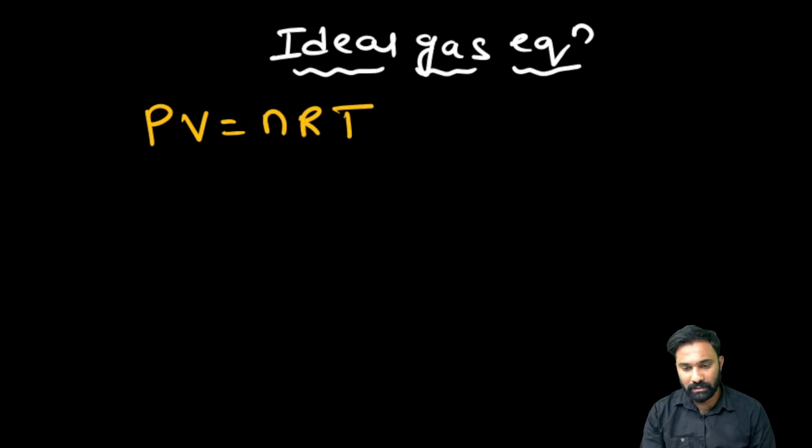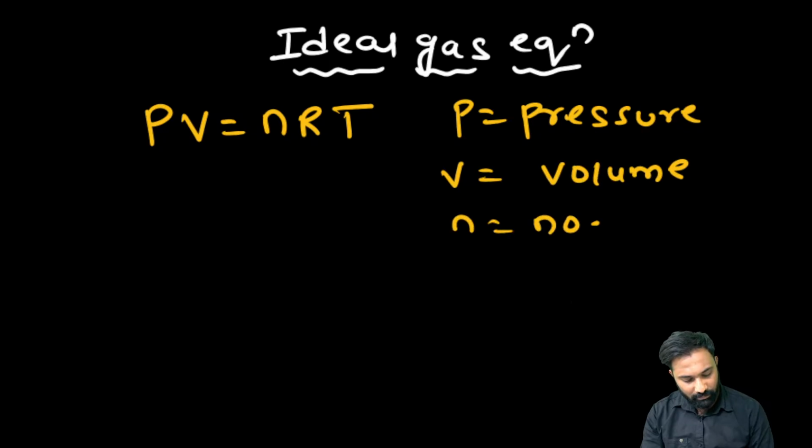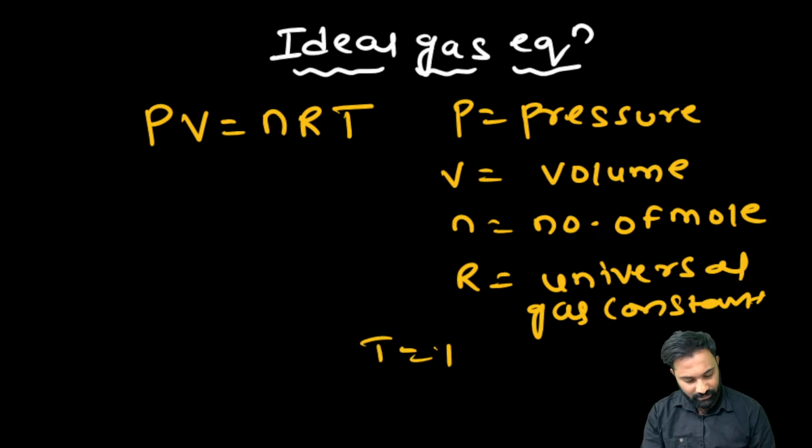Here P is pressure, V is volume, n is number of moles, R is the universal gas constant, which will play a very crucial role, and T is the temperature. This is the ideal gas equation.